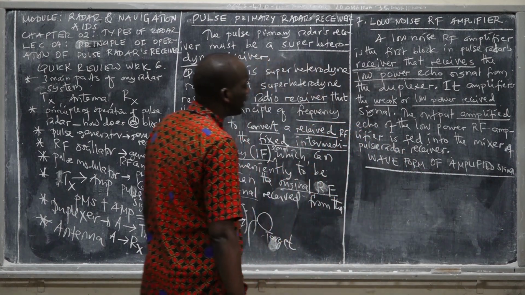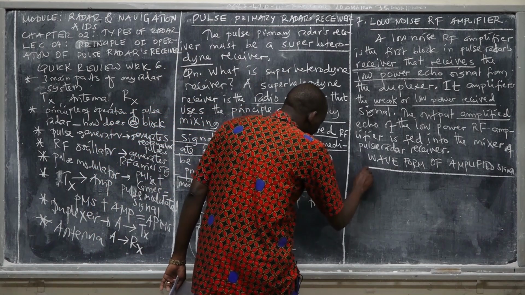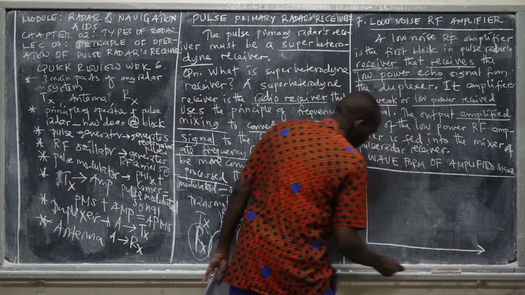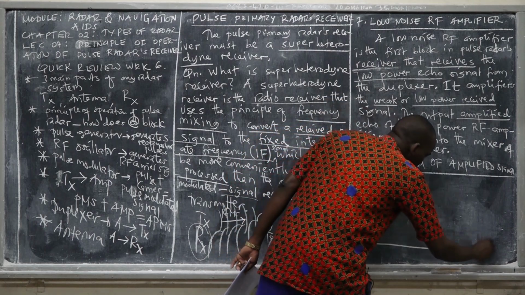The waveform of this amplified signal is this. This is voltage, and this is time.